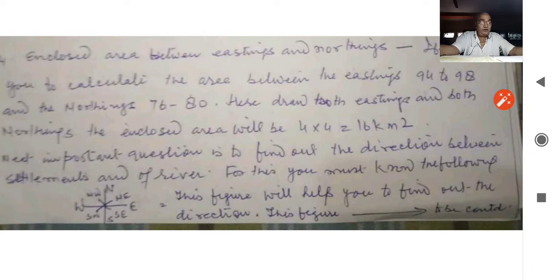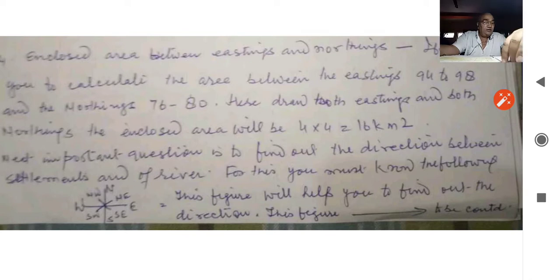These 4 lines will give an enclosed area of 4 squares in the length and 4 squares in the breadth. So the area will be 16 kilometer square. Again I tell you, you can ask this question also if you have not understood.